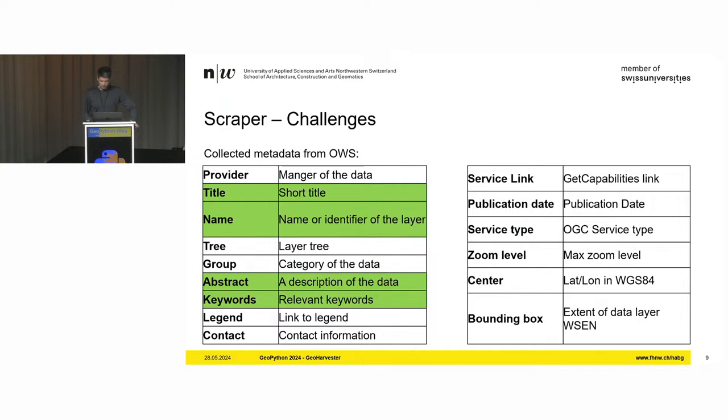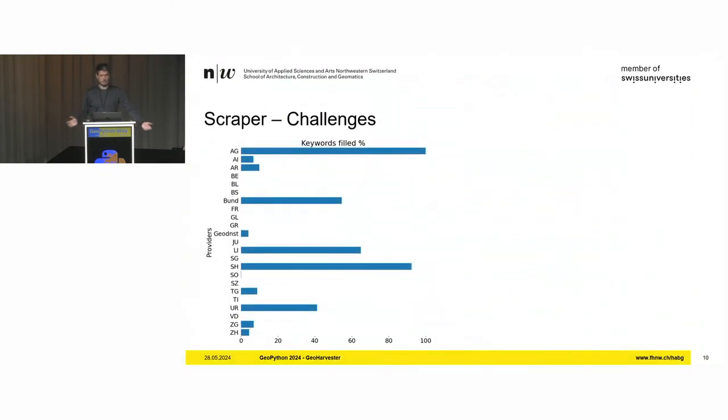And then comes the first problems. So let's say keywords should be the perfect field for the search for something. And as you can see, most of the providers left the fields empty.